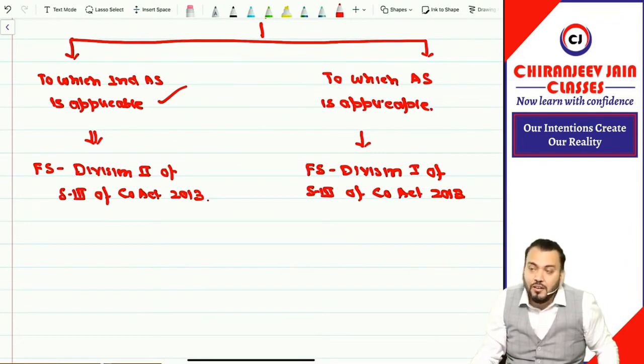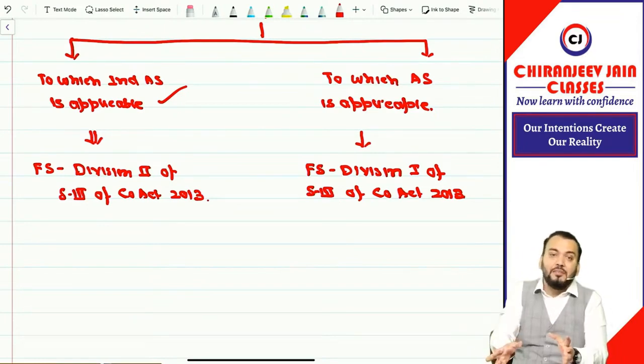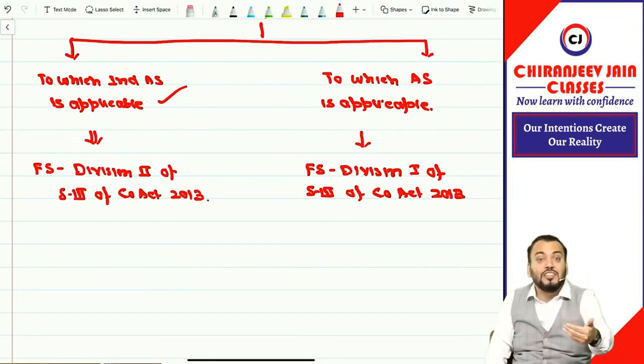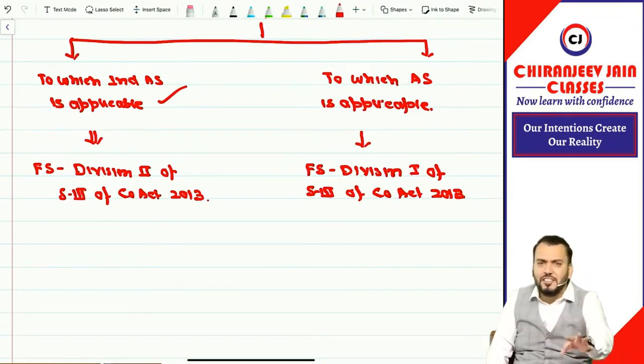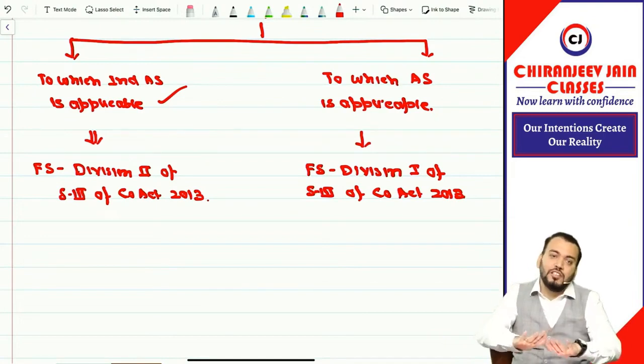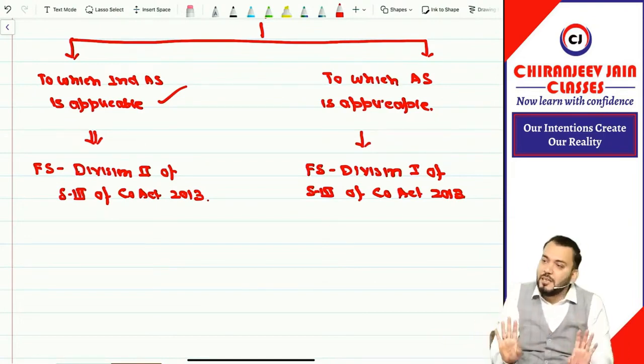Indirectly, it is not a part of our CA Final syllabus. I think you have done NBFC in CA Inter, but now that is also deleted from the incoming syllabus. So NBFC is right now not in our syllabus, therefore Division 3 is not applicable.